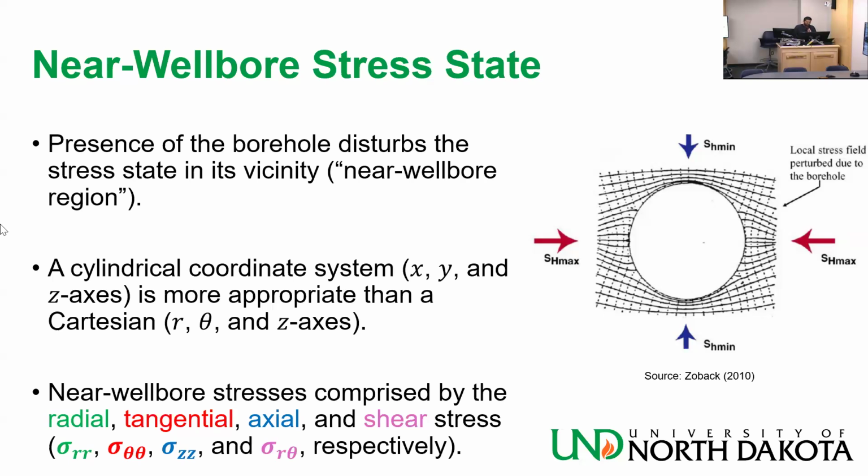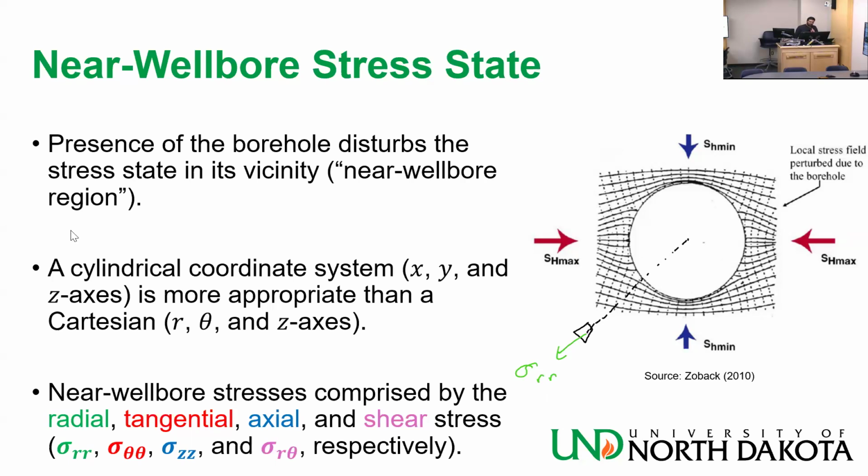So let's say I want the stress state at this place here, fairly close to the wellbore. I draw a radius from the wellbore to this point and extend it with a green arrow. We call that sigma RR, or the radial stress.